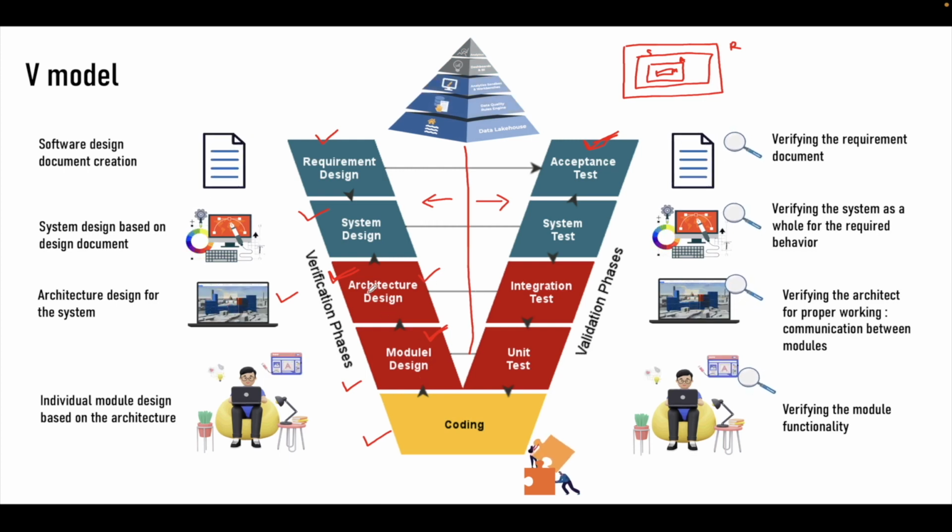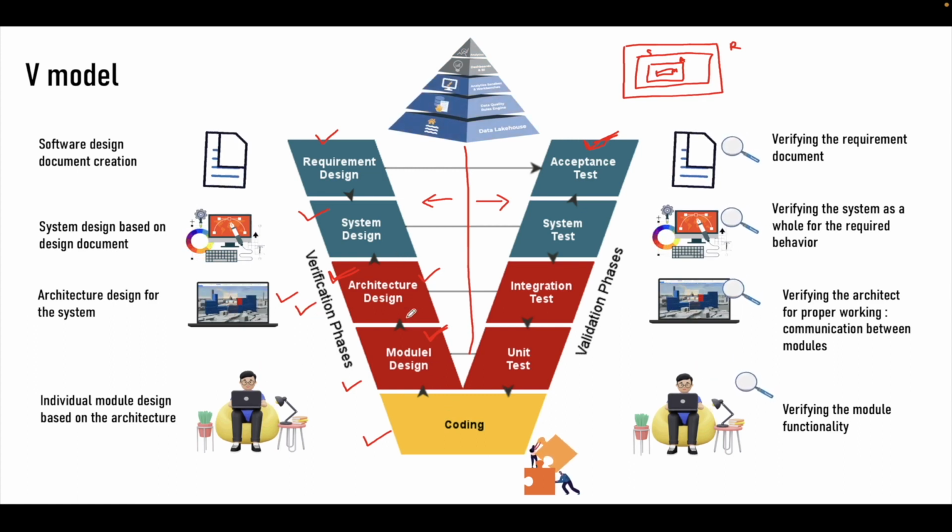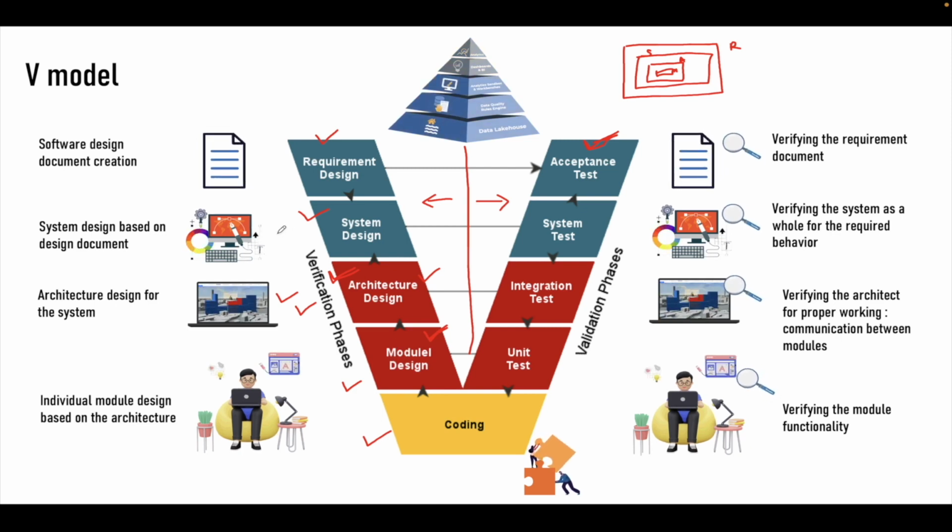Once all modules are ready, then the architecture will be created, based on how individual modules will be communicating. Then once a particular architecture is ready, the system is designed. So all this development part happens parallelly with the testing part.